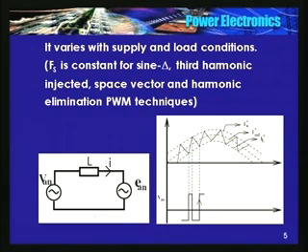So therefore in hysteresis current control PWM technique, switching frequency will vary as the input voltage changes. Again, when the load has reduced, in other words the magnitude of the reference current has come down, your switching frequency will again change.